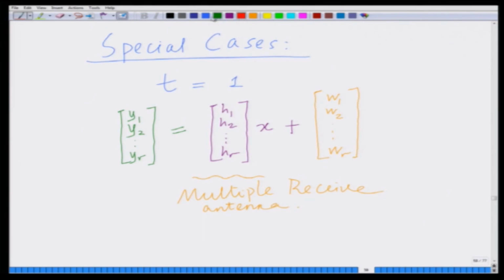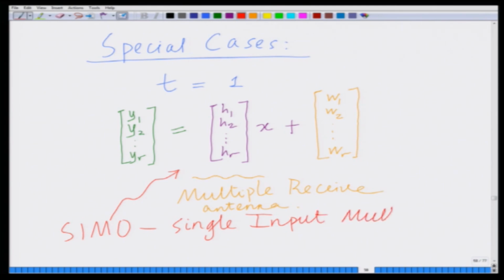So, this wireless system, which has a single transmit antenna and multiple receive antennas, is also known as a SIMO or single input multiple output system.